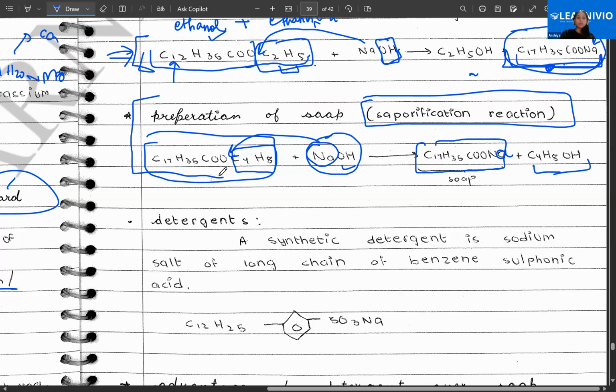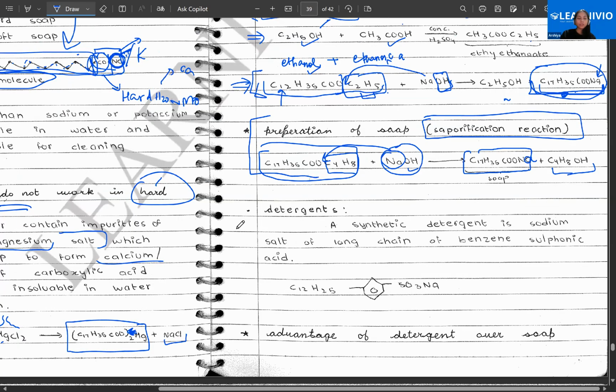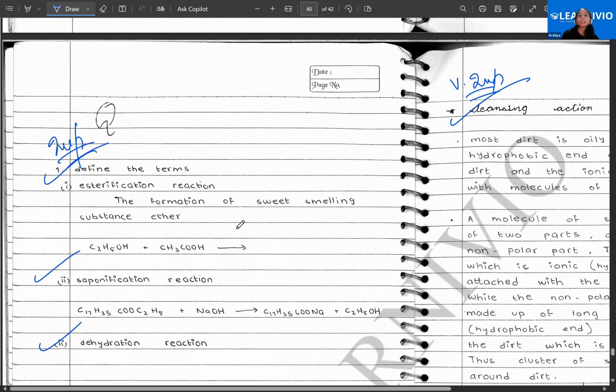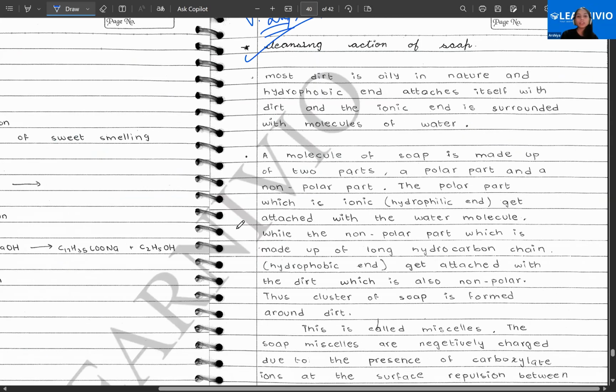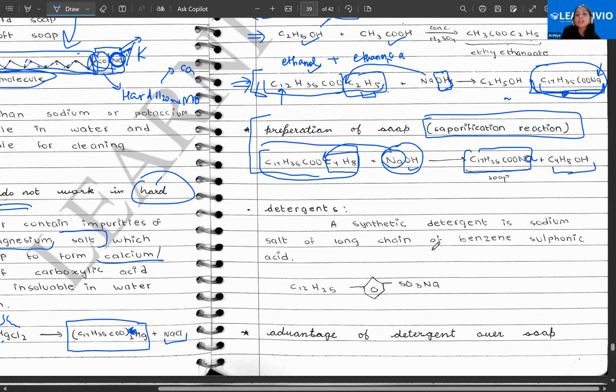So now let's move on to detergents, or let's first look at this. We don't have a lot on detergents, just the same thing. The difference is that the sodium salt is there, like in soaps we still have sodium salt, but the sodium salt is attached to a long chain of benzene sulfonic acid.